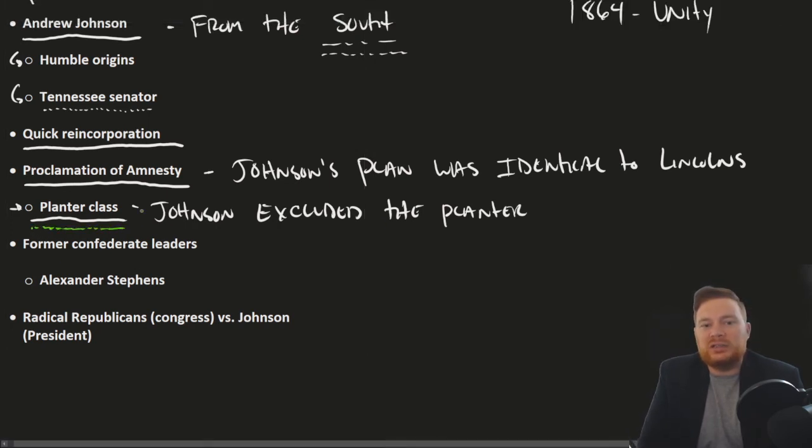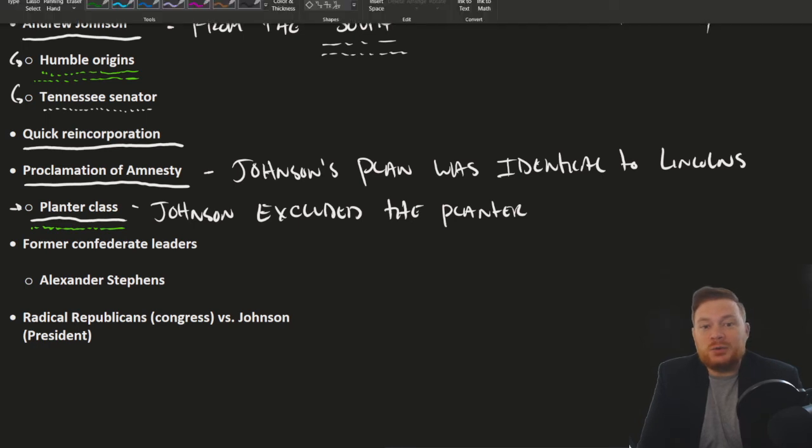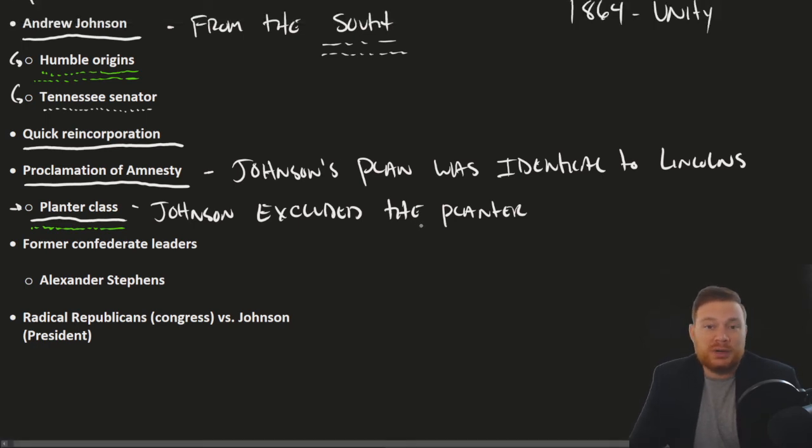And this was in line with Andrew Johnson's upbringing, from a much poorer background, but also his belief that it was the planter class that was responsible for the Civil War, that it was the rich that had gotten the South involved in the war, and it was a disaster for the South.